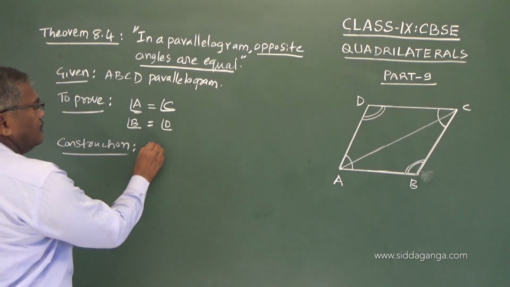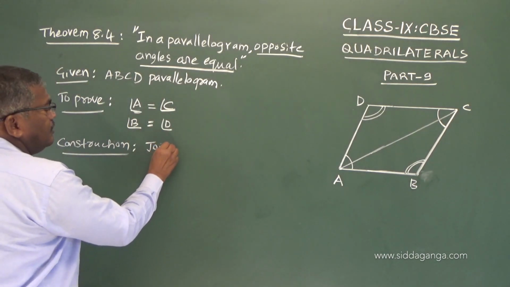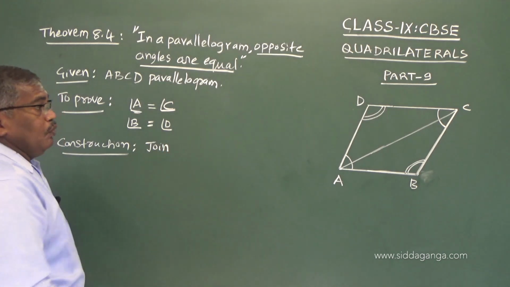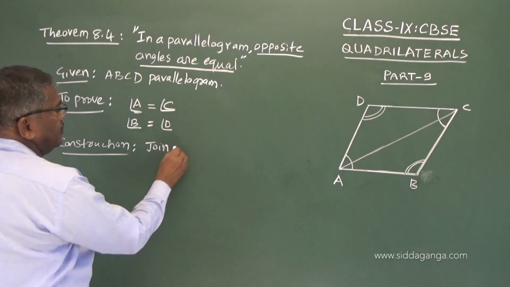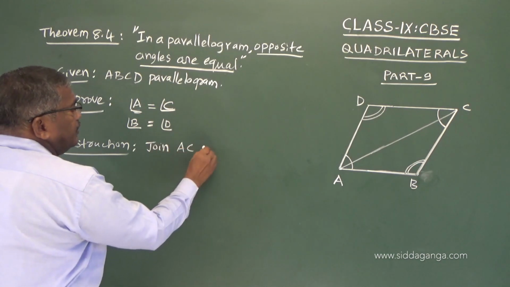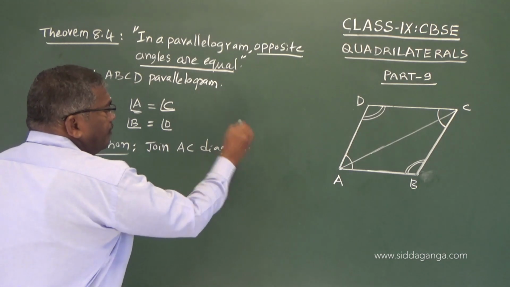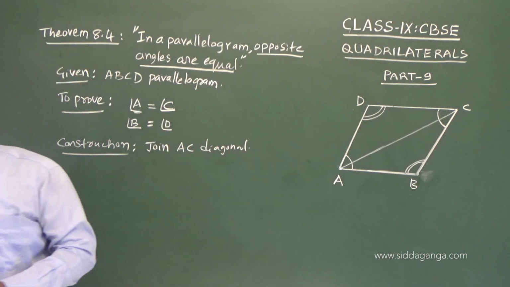So construction is join AC. This is for the sake of convenience to prove the required results. Join AC diagonal.